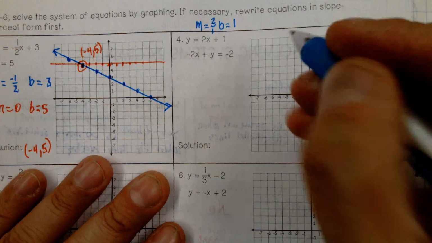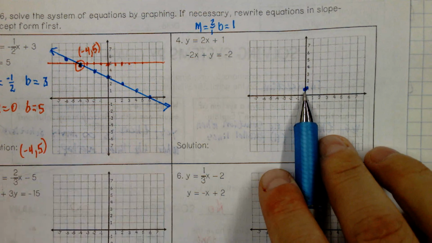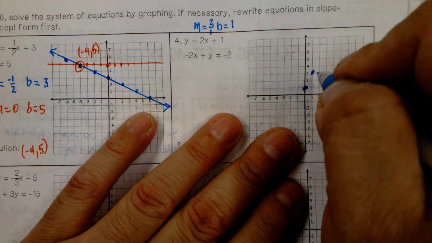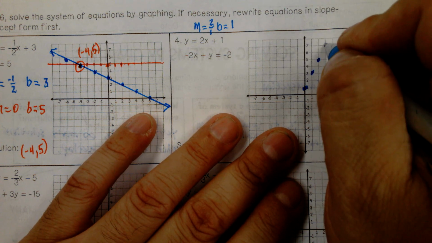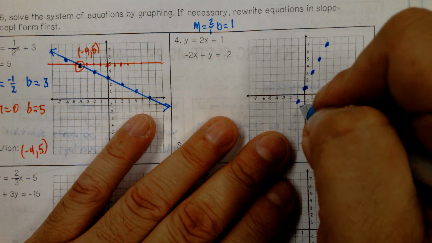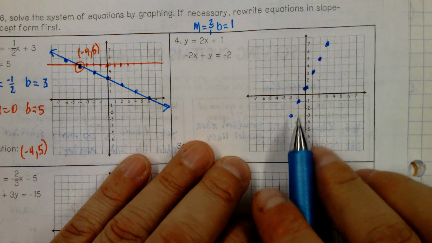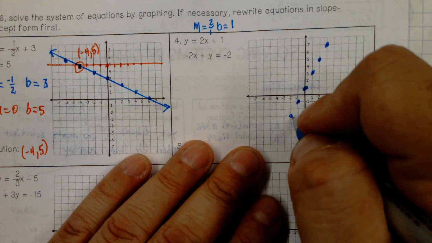So now we know it's going to cross at 1 on the y, right there. And we go up 2 over 1. And then I'm going to go down 2 and to the left 1. You can always tell when you're going in the reverse order if the points are correct, because they're all going to fall in line.